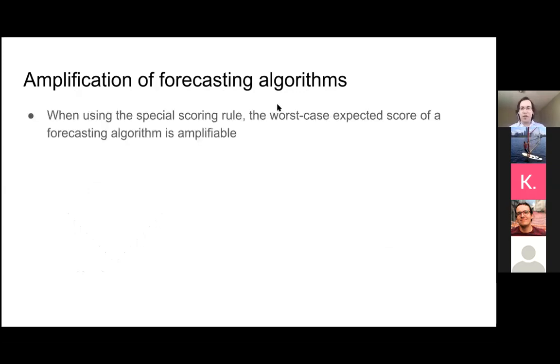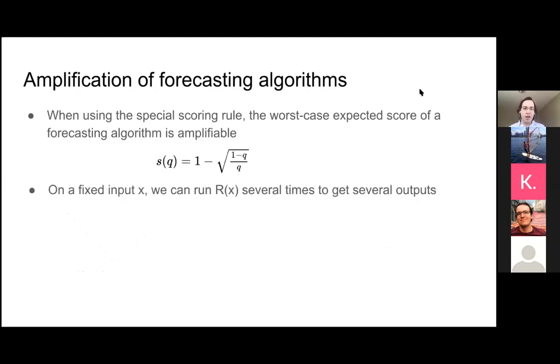So when using this one special proper scoring rule, and when you evaluate an algorithm according to the worst case expected score, then you can do the following. Suppose on a fixed input x, you run your forecasting algorithm several times, and it gives you different probabilities for what it thinks the value of f of x is, like 0.6, 0.9, 0.8.